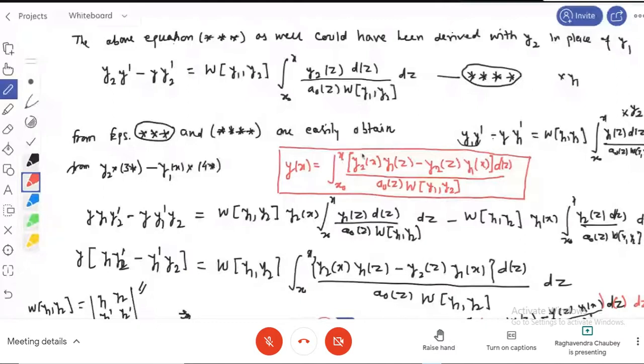This whole integral is taken with respect to dz. This f is your non-homogeneous function, and this is integrated with respect to dz.